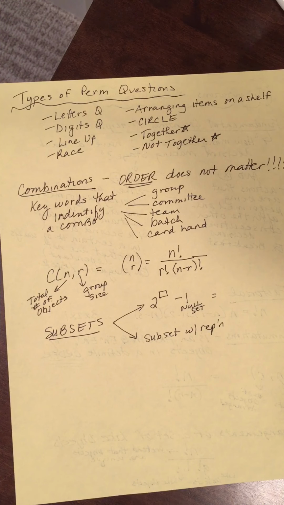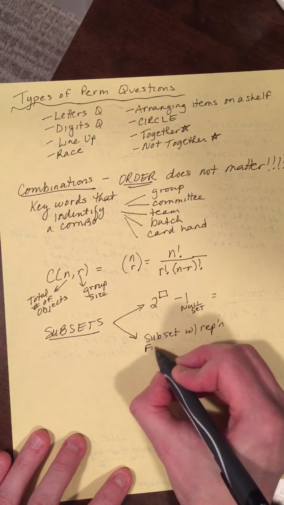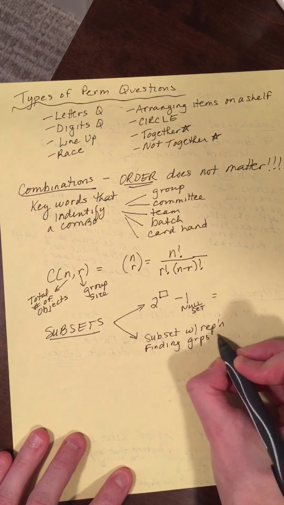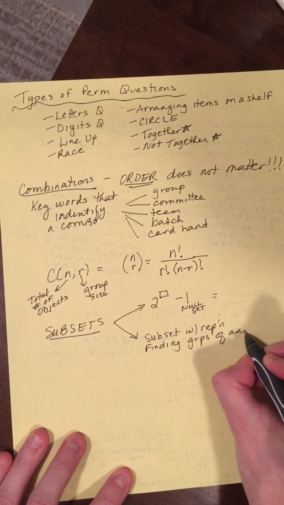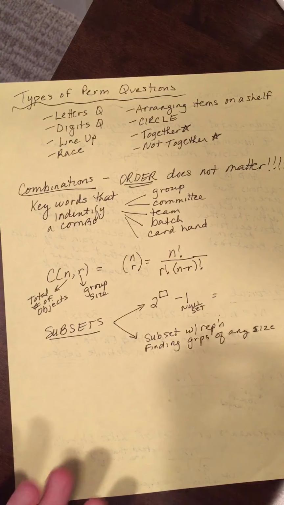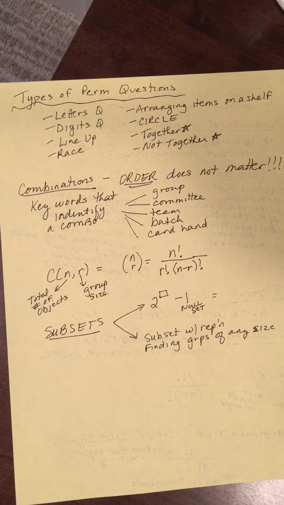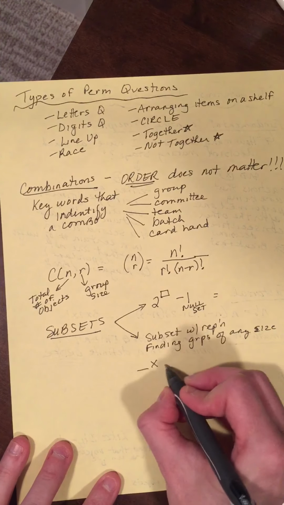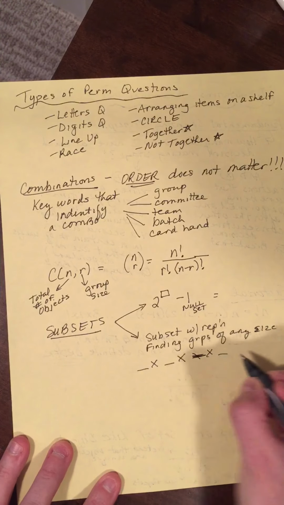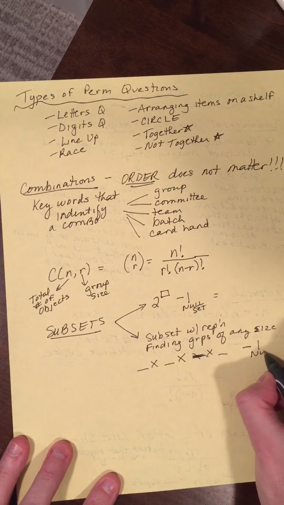This was usually the money questions, the fruit questions, the gumball, and these are finding groups of any size. And it was usually like something times something times something times something minus the null set.